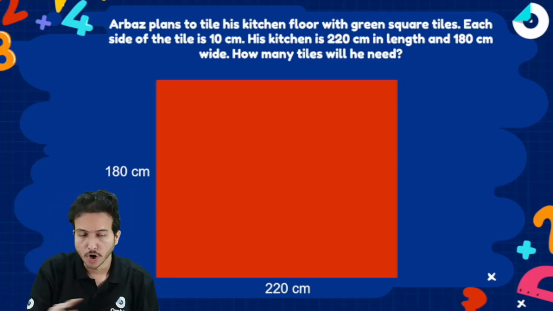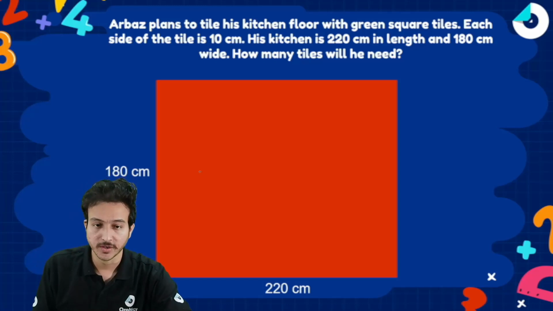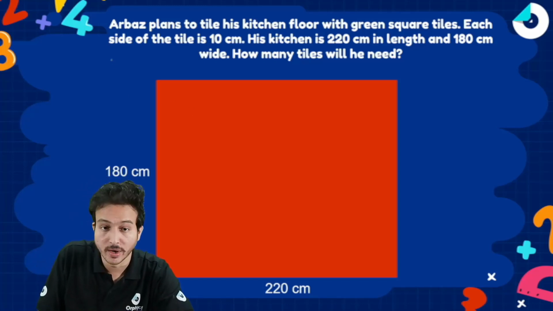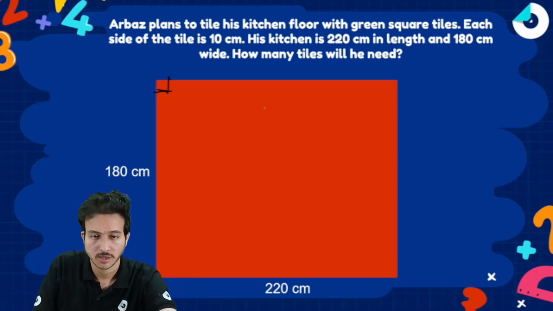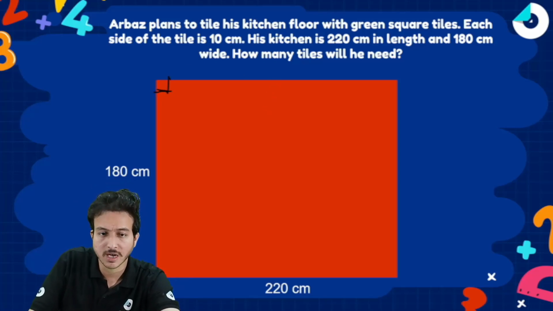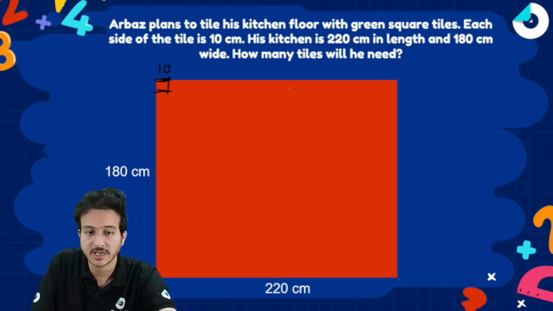Along the length, how many squares are needed, we can count out. If I put a square over here like this, it covers only 10 centimeter out of 220 centimeter.